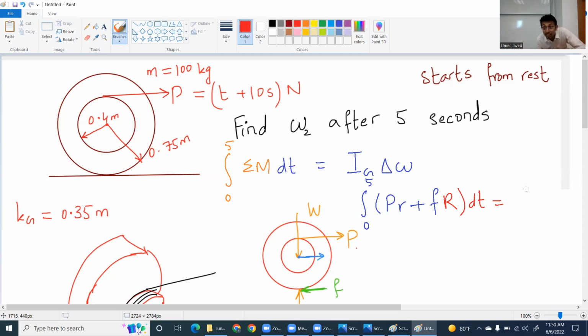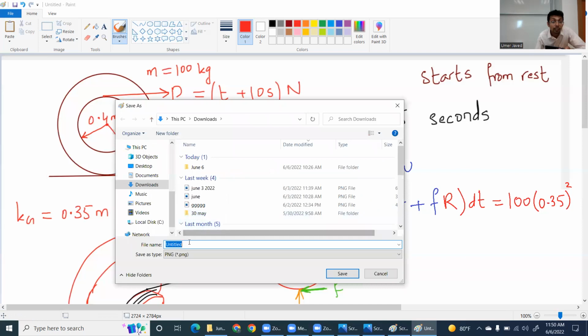Right, the radius of gyration is given. Again, very nice remark from Ahmed. Mass multiplied by k squared, which is 0.35 squared.